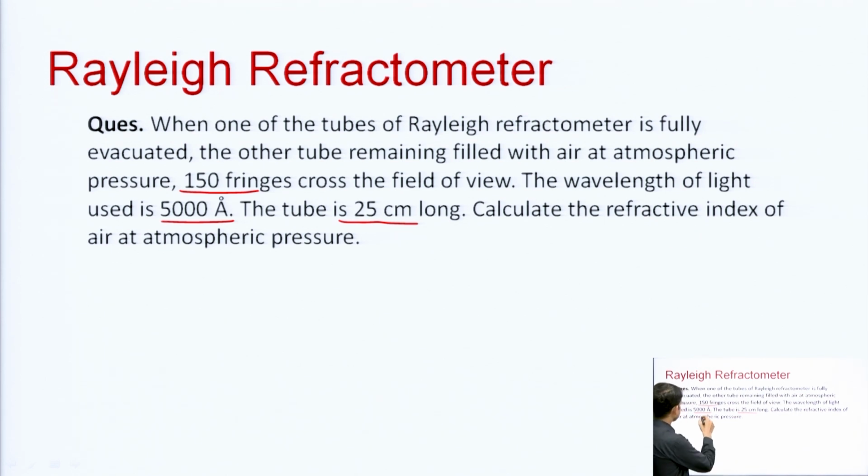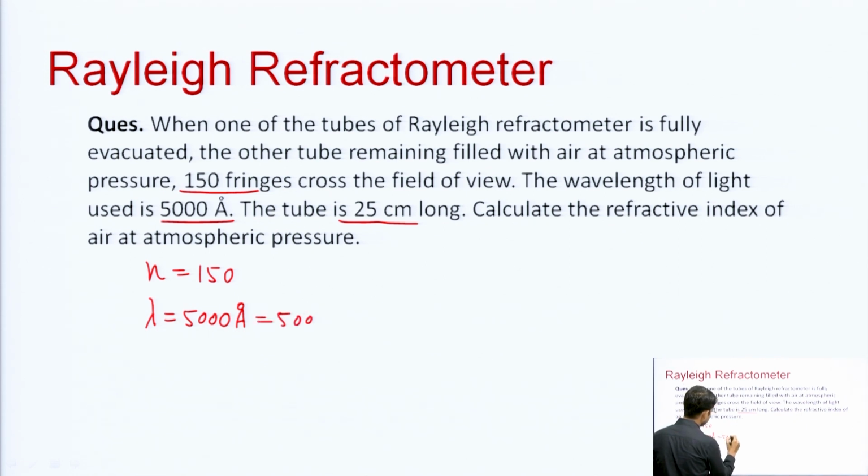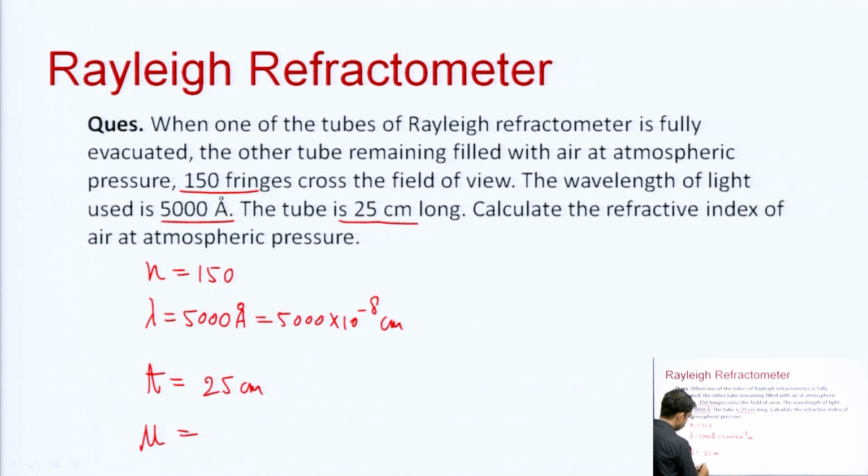So, what is n? N is 150. What is lambda? Lambda is 5000 angstrom. Let us convert it in centimeters, 5 into 10 to the power minus 5 centimeters, and we have T, 25 centimeters, and we have to find out mu.